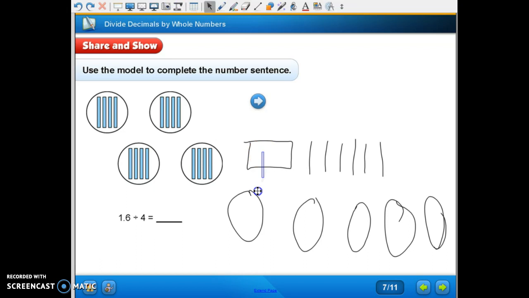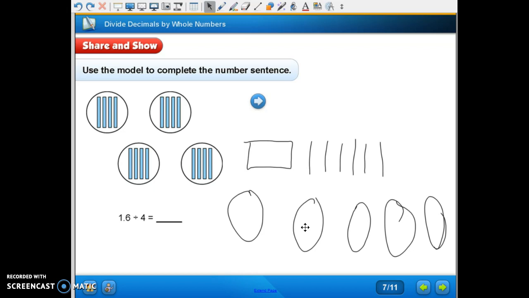Can I move this one whole? Yes or no? No. Why not? Because I only have one. If I want to move the whole thing, I can't put it in 4 different places, right? It's no different than what we did with our little circle mat earlier when we had the 2 wholes.